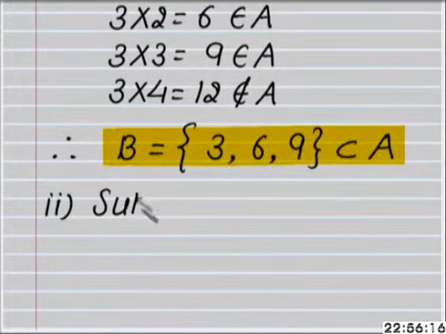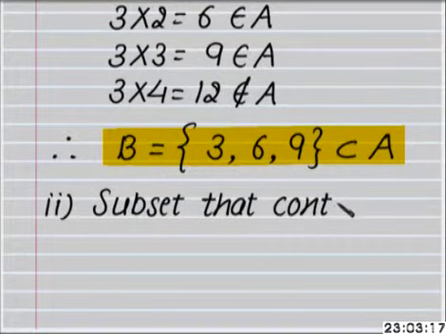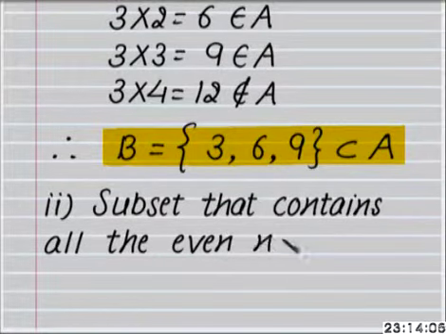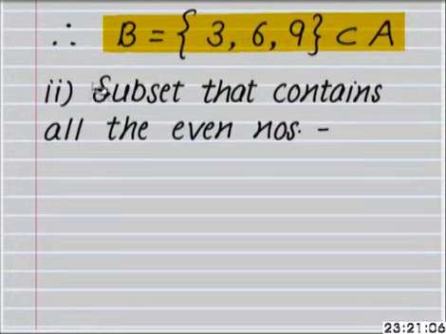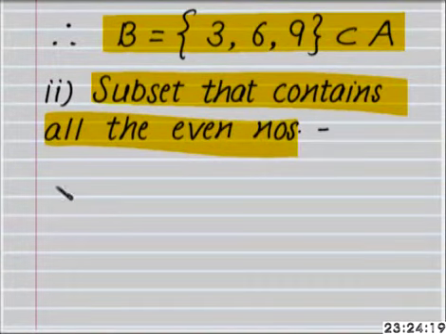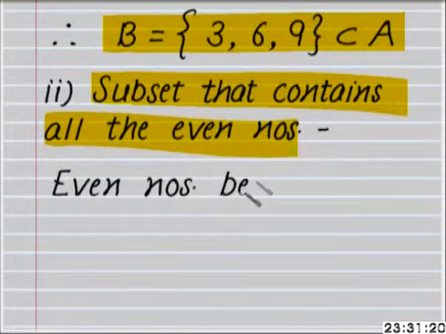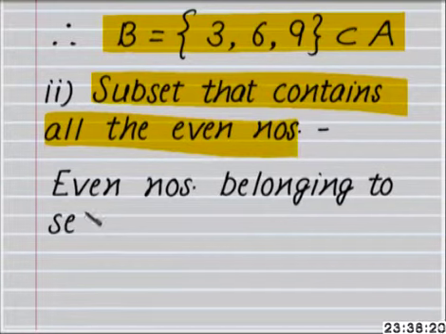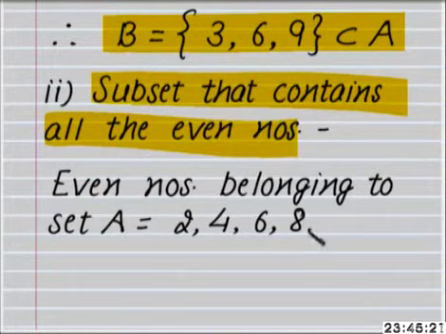Now, for the another subset that contains all the even numbers, so even numbers belonging to the set A are 2, 4, 6, 8 and 10.